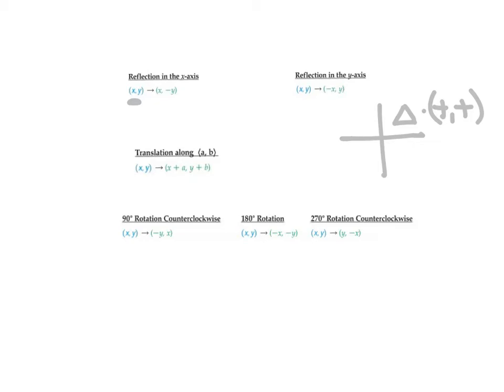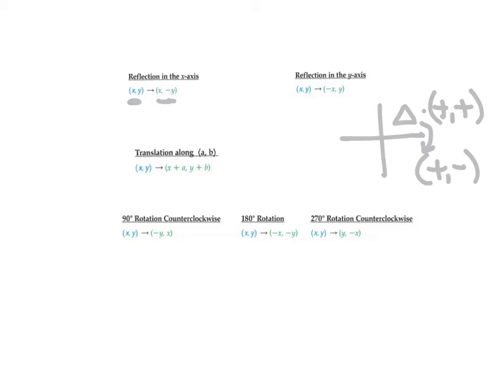If I reflect it over the x-axis, then the x is still positive, but this time the y coordinate will be negative, and that's what you see here. So you take your x and y coordinate, your x stays positive, but your y will go negative. If you reflect it in the y-axis, this time the x goes negative and the y stays positive.